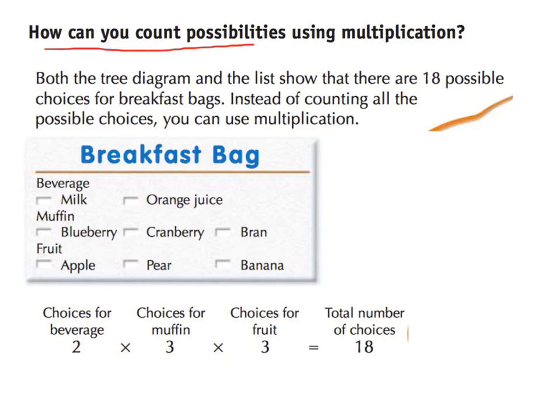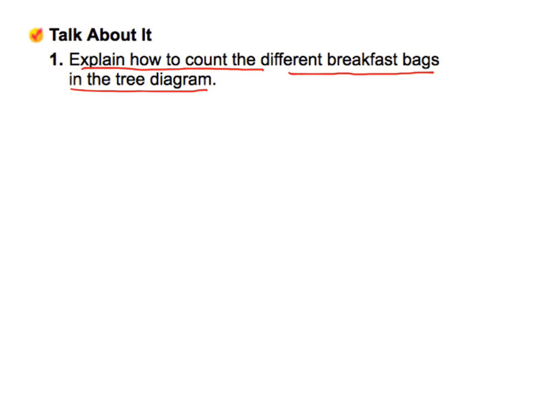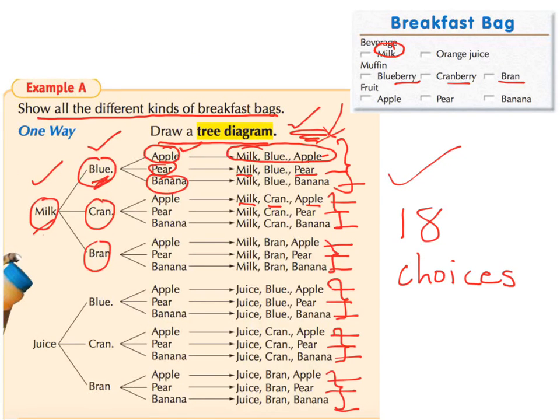How can you count possibilities using multiplication? The same counting can be done using multiplication. Both the tree diagram and the list show that there are 18 possible choices for the breakfast bags, as we saw. In the tree diagram, we saw there are 18 choices of breakfast bags.